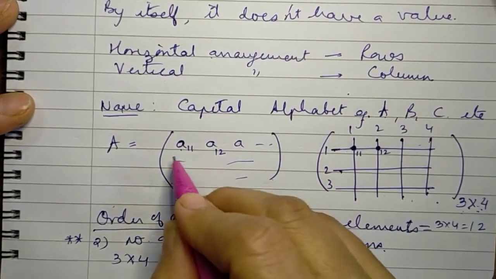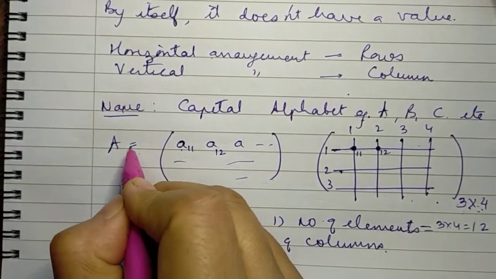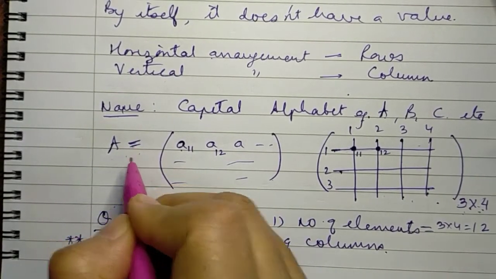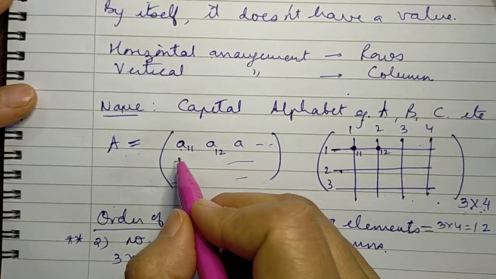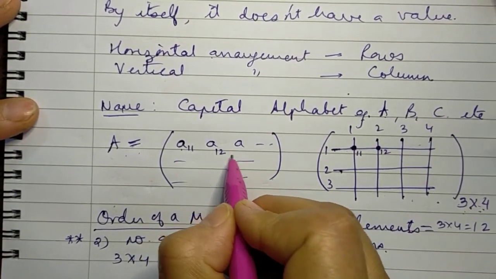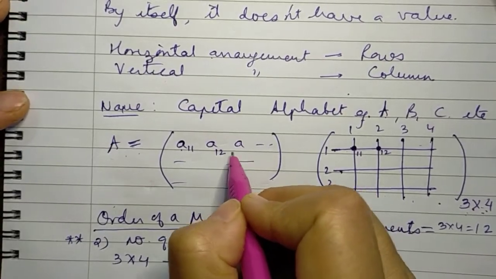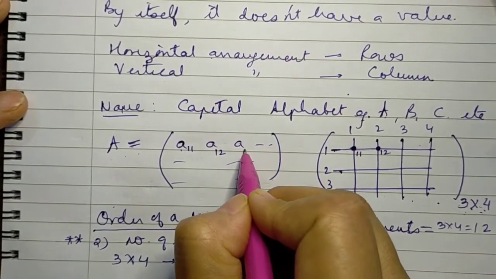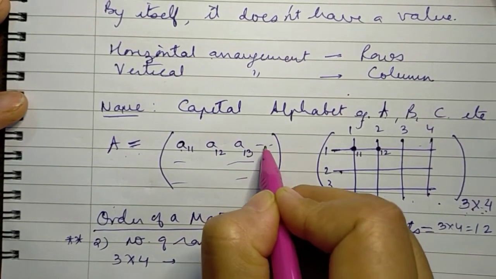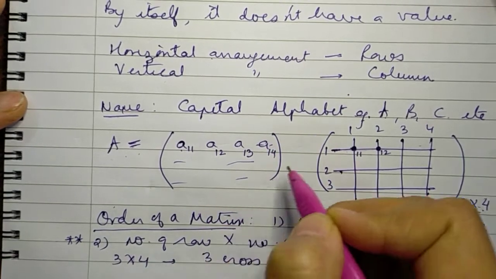Now the next one, and as I have already said, since we are naming this matrix as capital A, the elements would be denoted by small a, and the positions tell you that these are different elements in different places. Same way, this one would belong to the first row and third column, and then first row and fourth column.